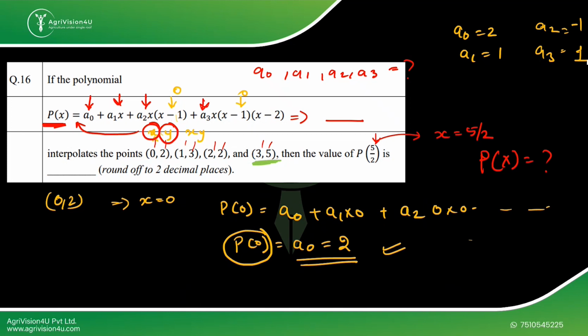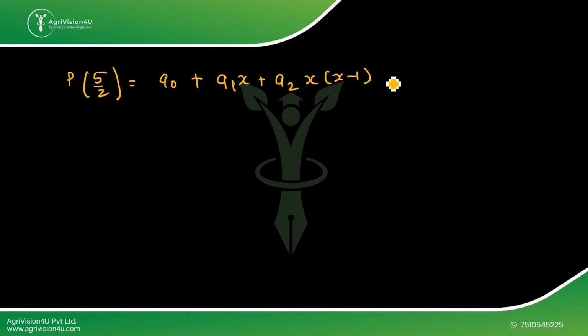Now you just have to put these values in this function with the x value as 5 by 2, and you will get the answer. Let me first write the function: a0 plus a1 x plus a2 (x minus 1) plus a3 (x minus 1)(x minus 2).